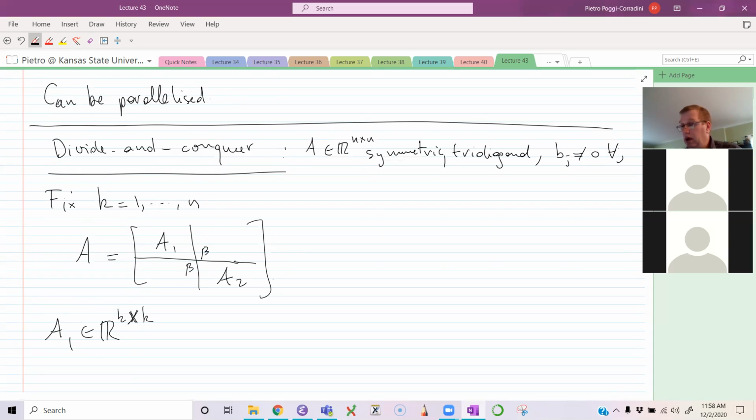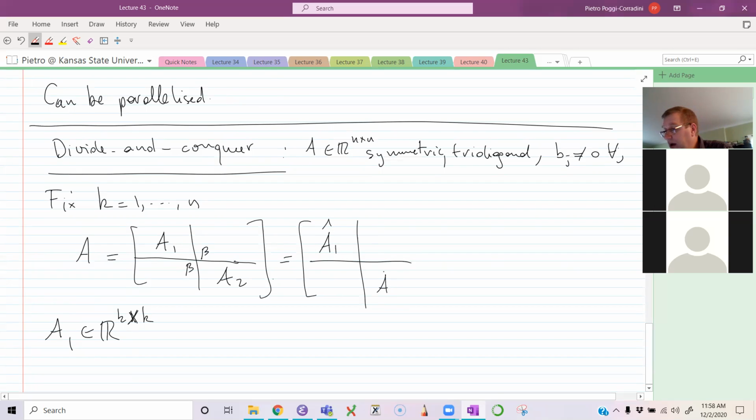All right, so the idea is to rewrite this as a sum of a modified block A1 hat, A2 hat, plus something that looks like this.